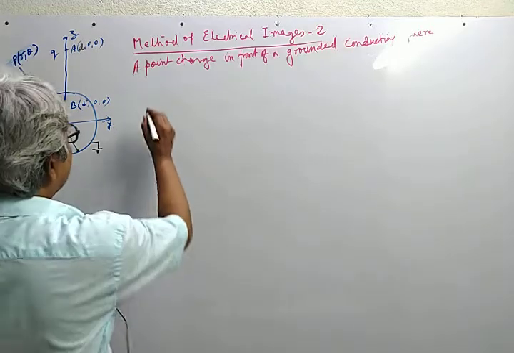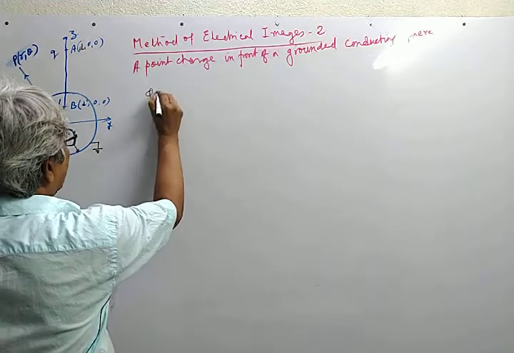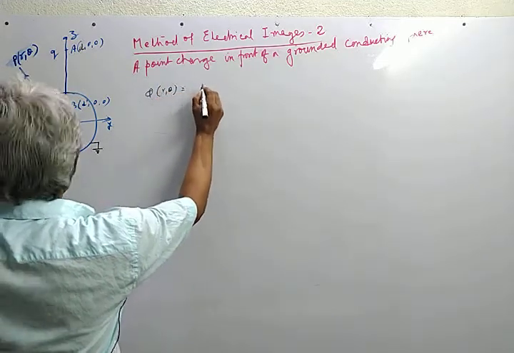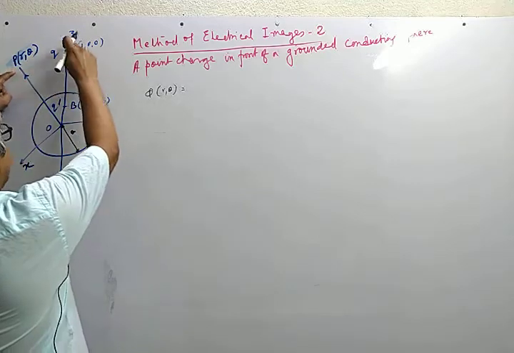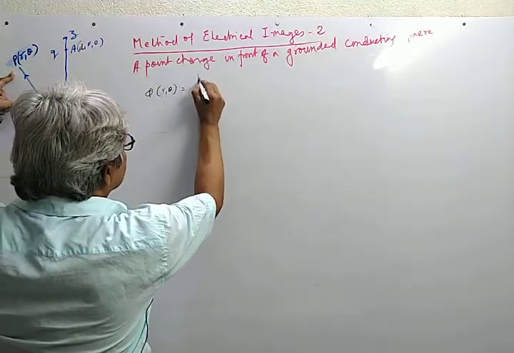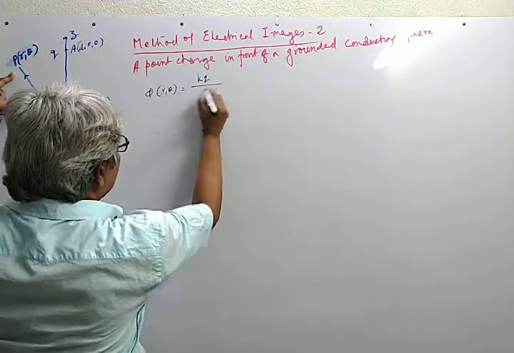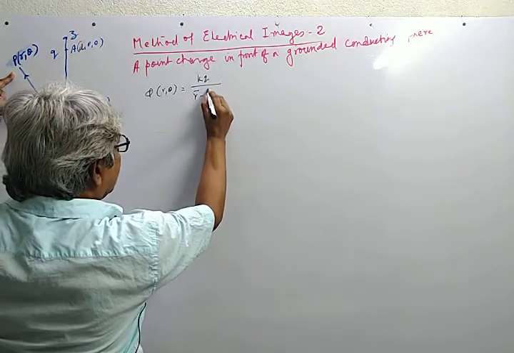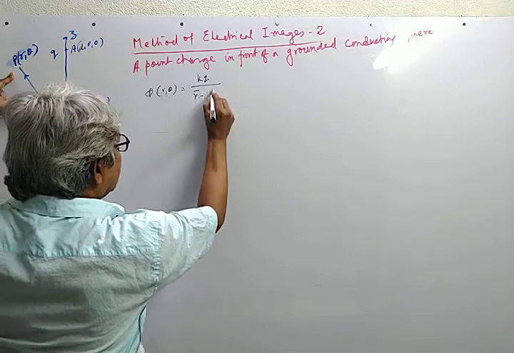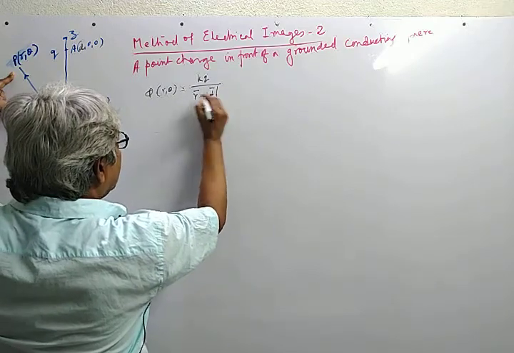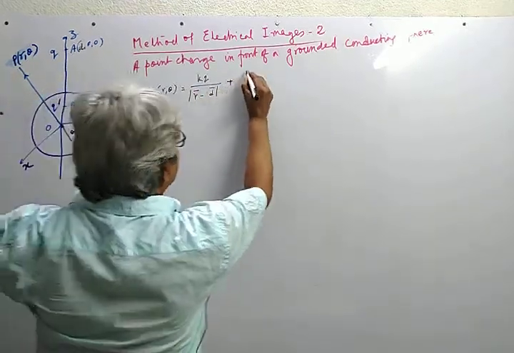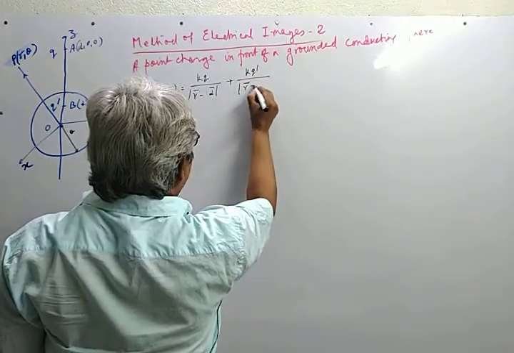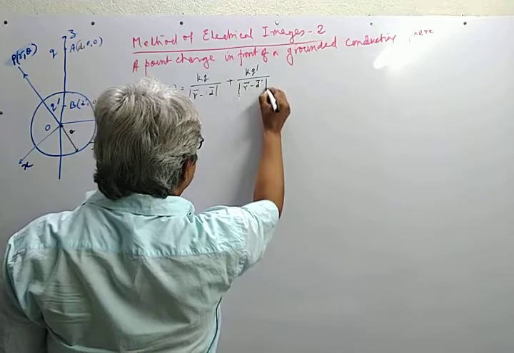So the potential at P, potential at (r, theta), is the potential due to this charge: kq over the magnitude of r minus d vector, plus kq prime over the magnitude of r minus d prime vector.